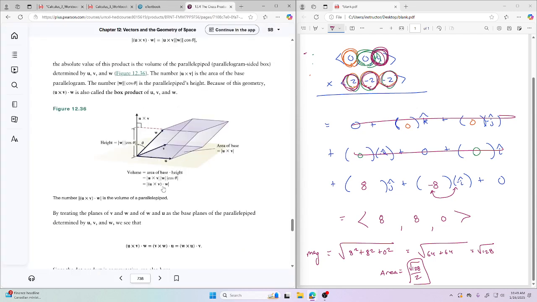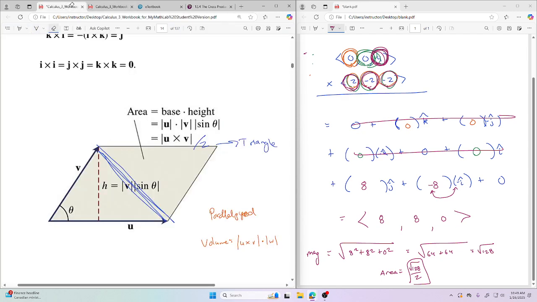Oh, look, it's the cross product, and then after all that is the magnitude. So I'm off by a tiny, tiny bit. Hold on. Almost there. So magnitude of U cross V, and then dot W. That's how they're wanting that one. So that's the formula for the parallelepiped. Sorry. The workbook isn't perfect yet. But there we go.